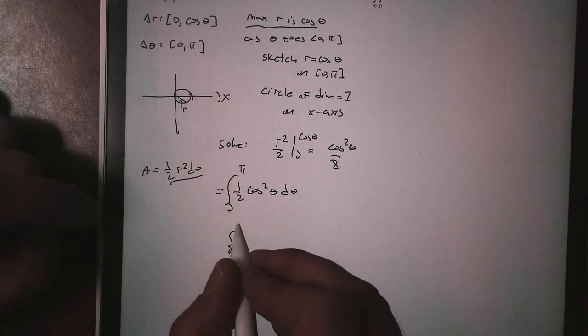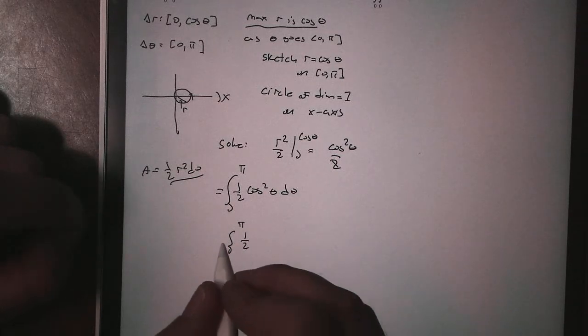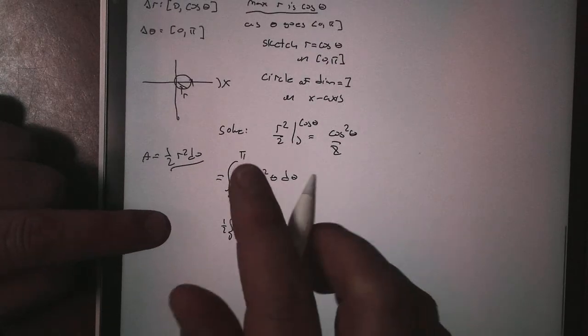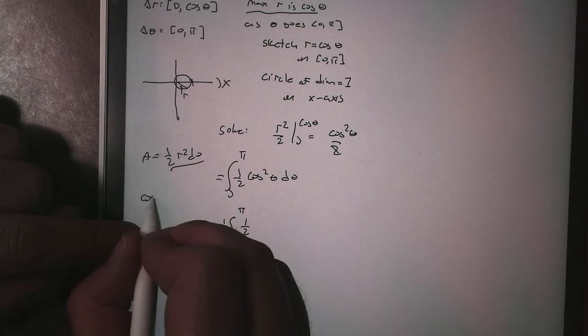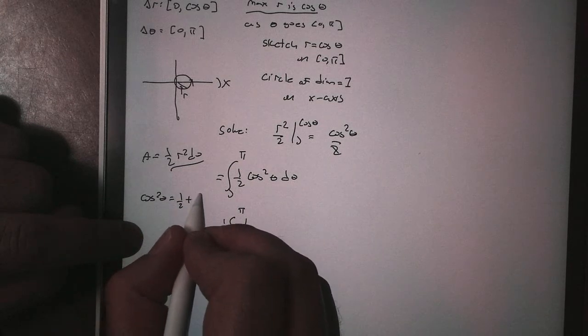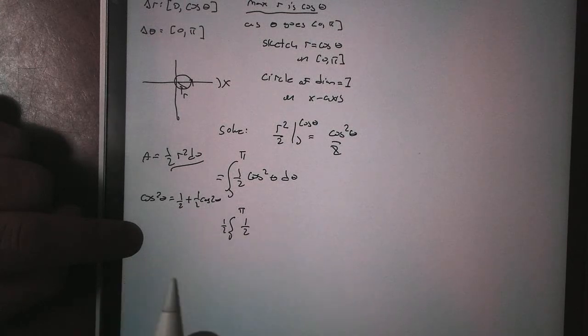So 0 to pi, this is 1/2 of, let me see, factor out that 1/2. And cosine squared of theta, if you forgot, is equal to 1/2 plus 1/2 cosine 2 theta, right there.